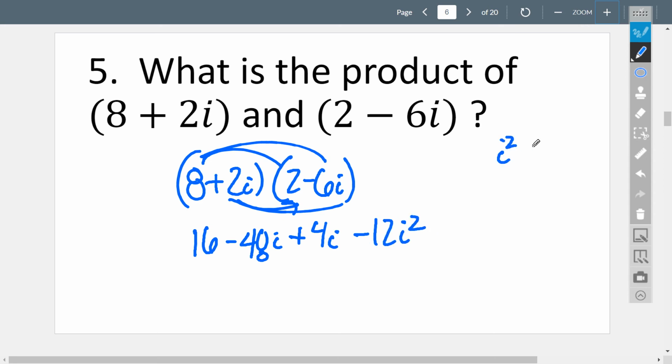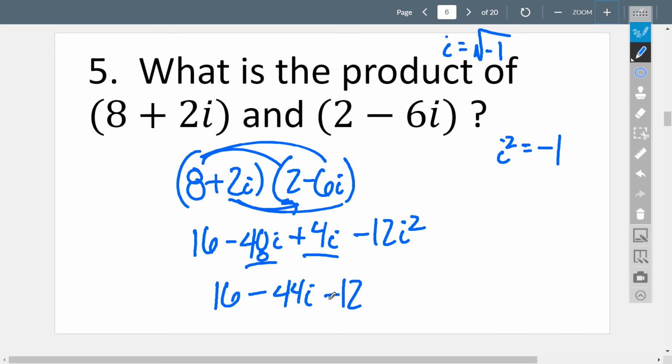Now, one thing to keep in mind, i is equal to the square root of negative 1. That's the imaginary number. So i squared is simply negative 1. So I combine these i's, so it's minus 44i. But this negative 12i squared becomes negative 12 times negative 1, which is positive 12.